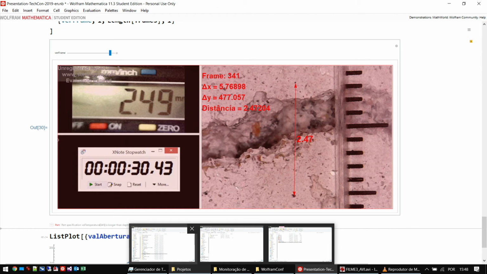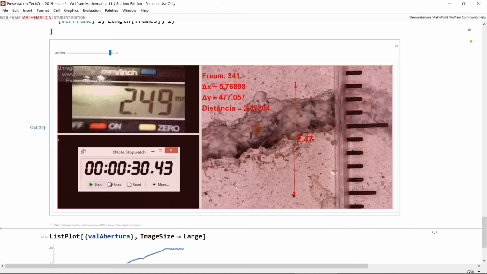So if you have a peak, a strange value, you can go to that frame and see what happened. Maybe an earthquake shook the microscope or the structure. You can see if there was water going inside the crack or something around the crack.